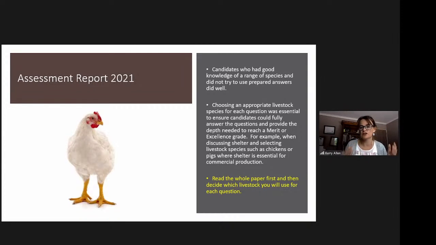Just go in knowing your stuff, and then be flexible and answer the question well. Choosing the appropriate livestock is a must. You often can get Achieved grades, but you can't move through to Merit and Excellence if you haven't chosen the appropriate livestock for the question. Okay, so I can't emphasize reading that whole paper first enough.